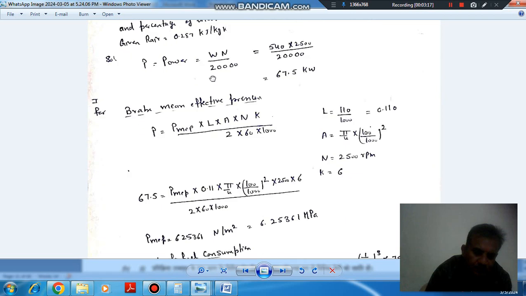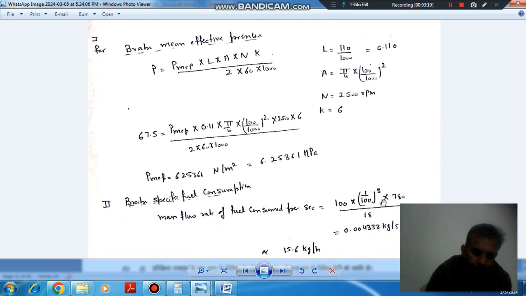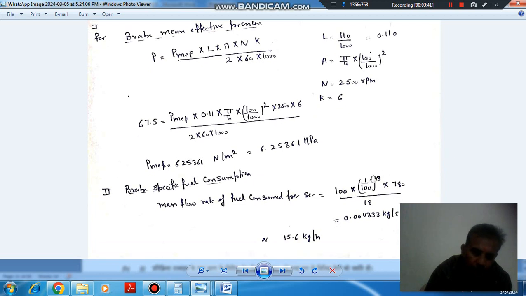So 100 cc means 100 into 1 by 100 cubed meter cube. Okay, so converting cc into meter cube, we have to multiply it by 1 by 100 raised to the power 3. So that is the volume of the fuel and density is 780 in kilogram per meter cube. That's why we have converted it into meter cube, and that fuel is consumed in 18 seconds.